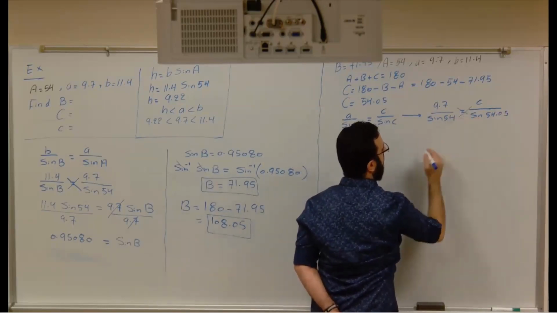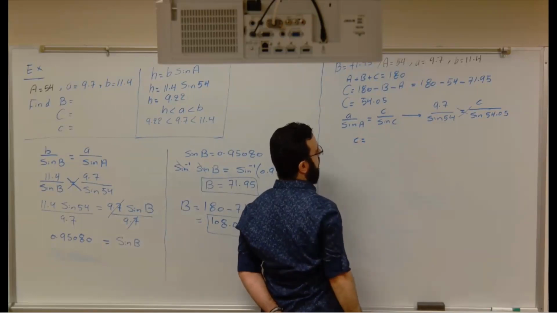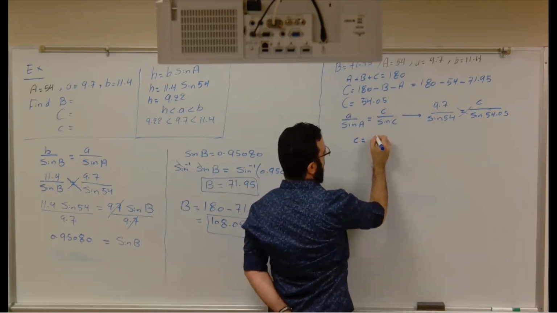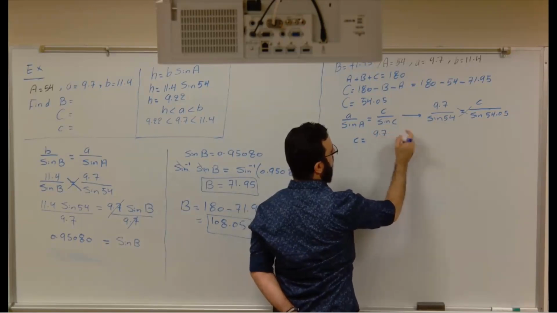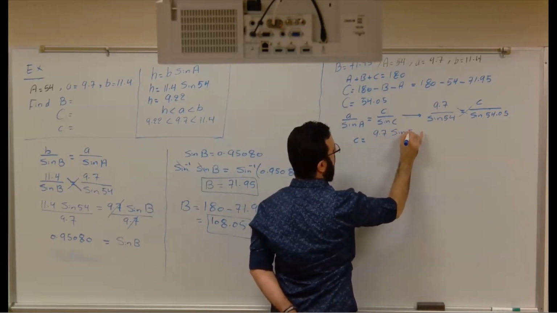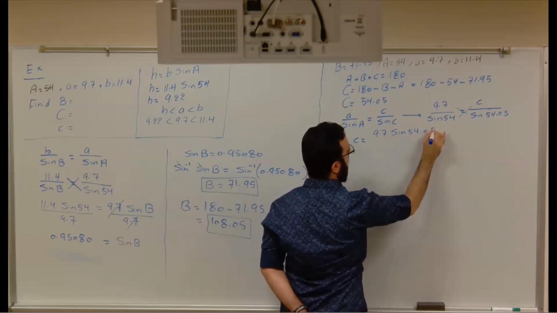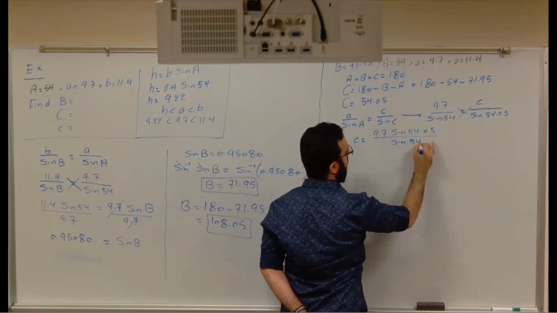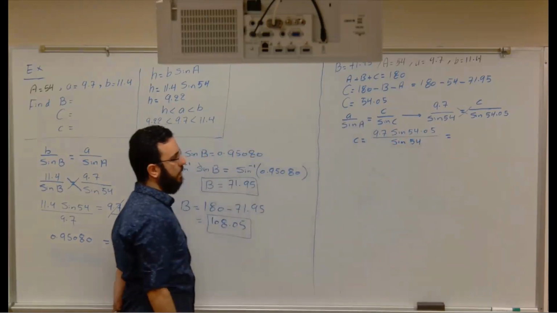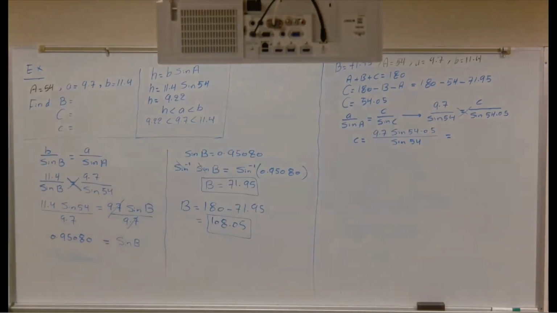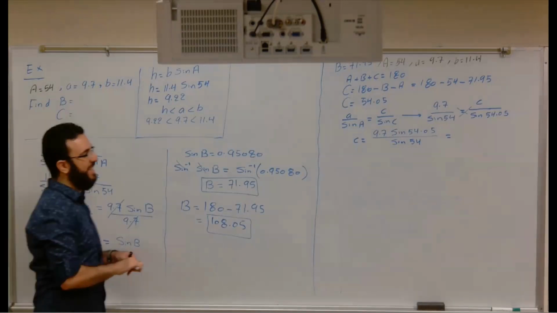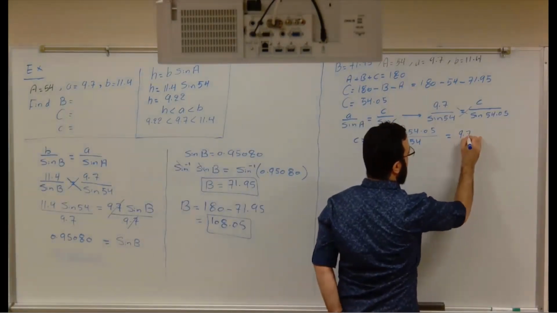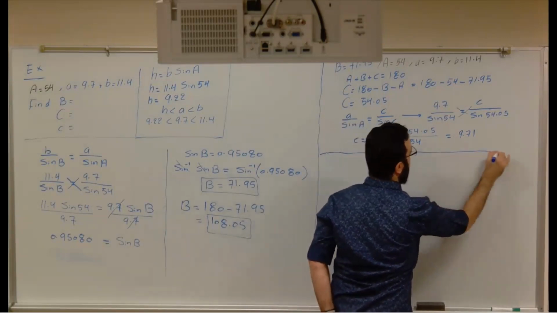Do the cross. That means the side C is going to be 9.7 sine 54.05 divided by sine 54, and equals what? 9.71. So we've done the first case.